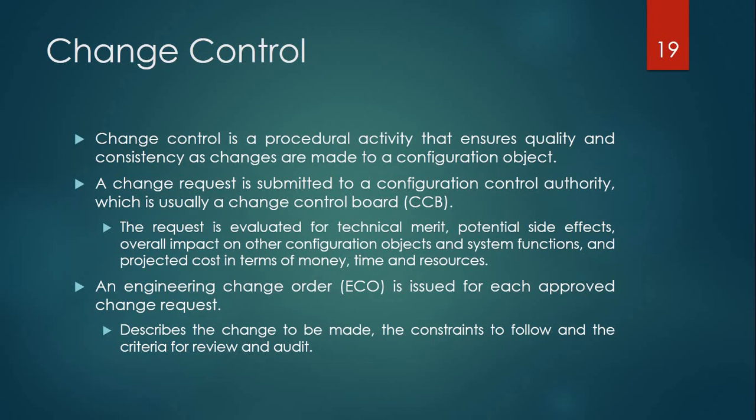An engineering change order, ECO, is issued for each approved change request. It describes the change to be made, the constraints to follow and the criteria for review and audit. Means if any change is required, we have to describe what change is required, which constraints we have to follow, and after completing it, on which criteria it will be reviewed and audited.